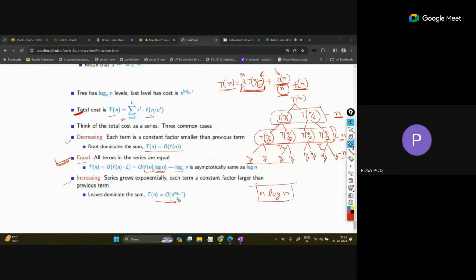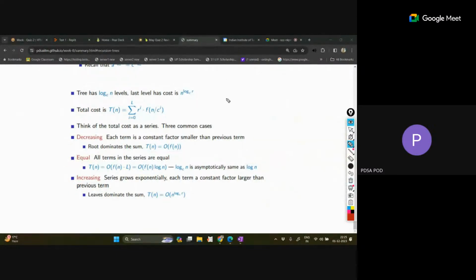Now the second example, if you look at binary search. If you remember the recursion tree for binary search, T(n) equals T(n/2) plus 1.